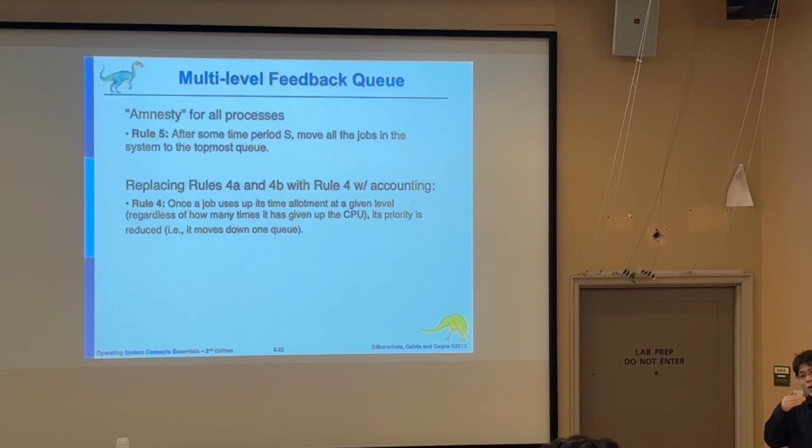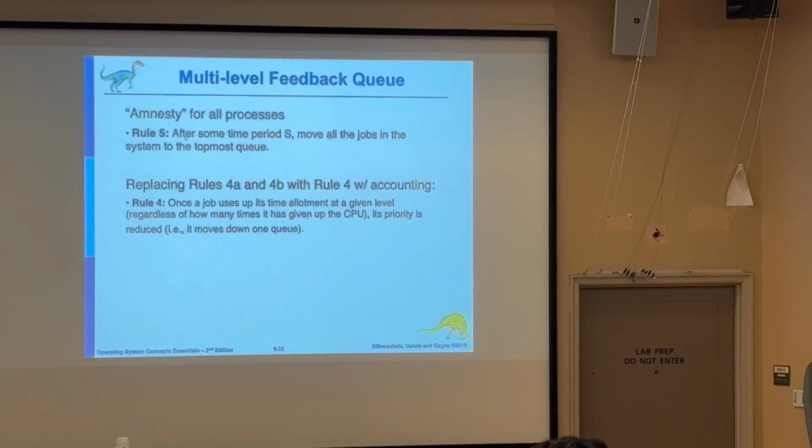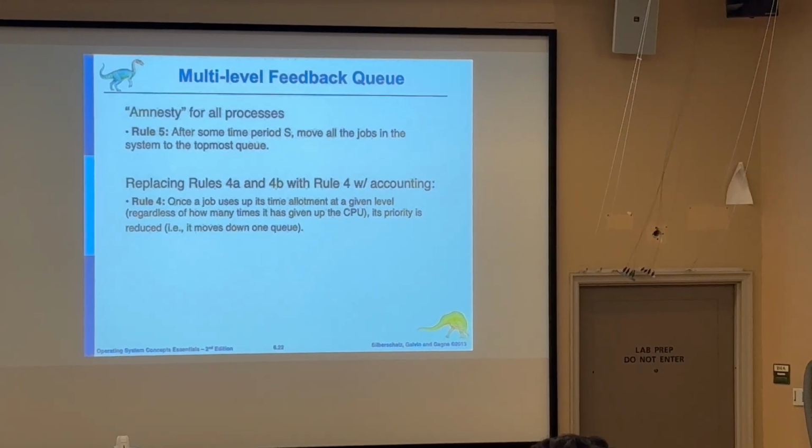You do not want the processes that often use up their CPU to be starved by processes that often give up their CPU. So that's why after a certain amount of time, you change all of the processes' priority to the highest. Okay. All right.